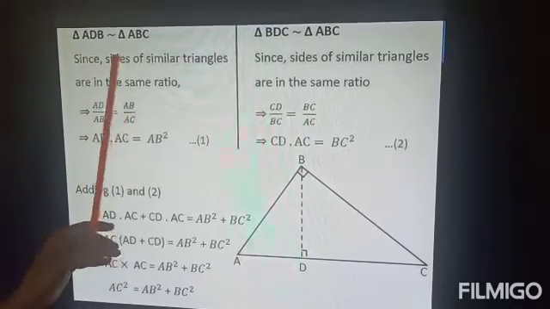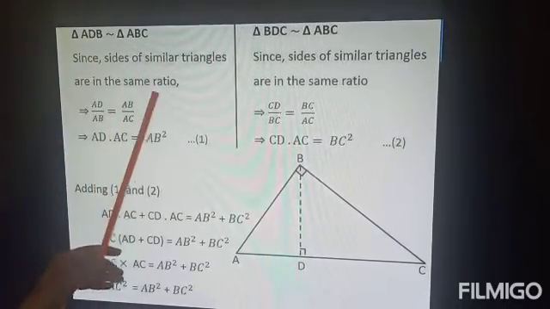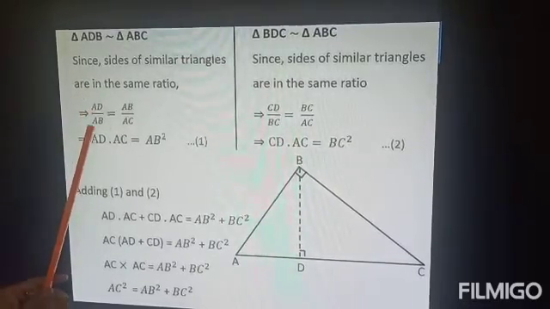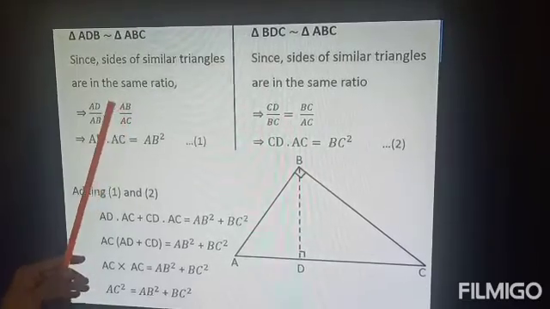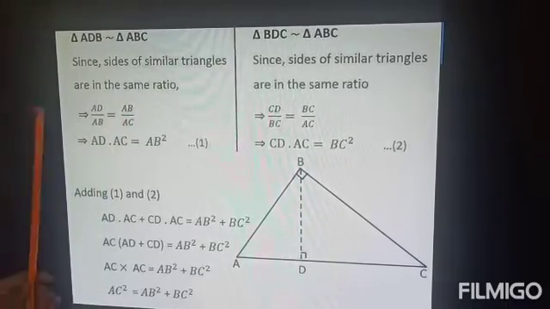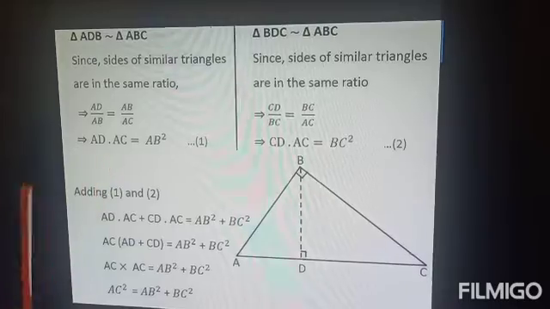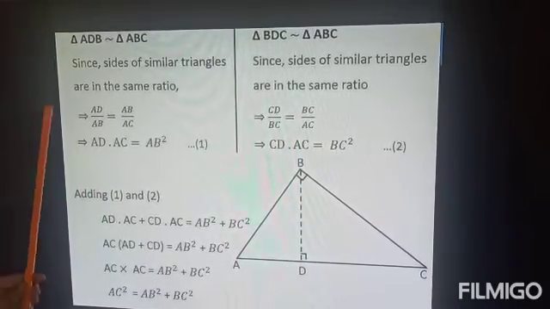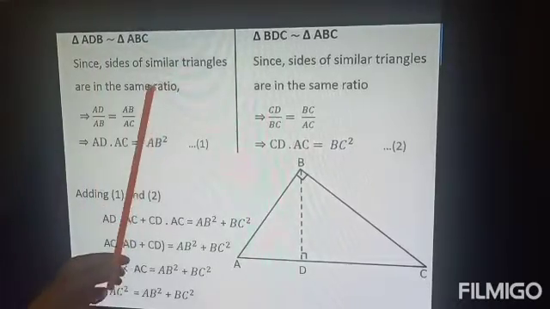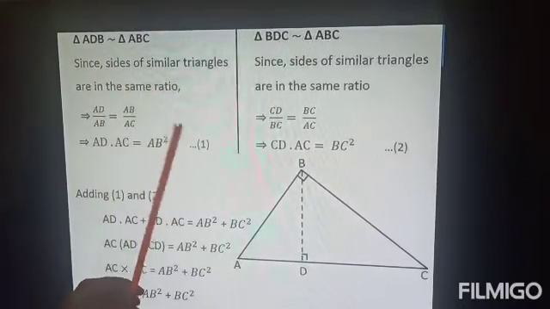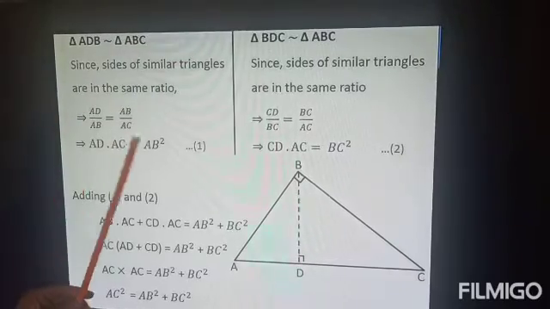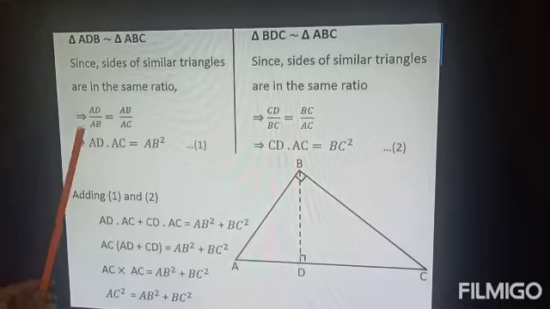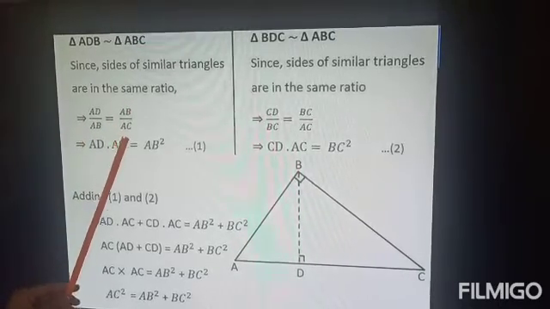Since sides of similar triangles are in the same ratio, we can write AD by AB is equal to AB by AC. Hence their corresponding sides are proportional. Just now we proved in a previous theorem, if equiangular triangles are there, then their corresponding sides are proportional.